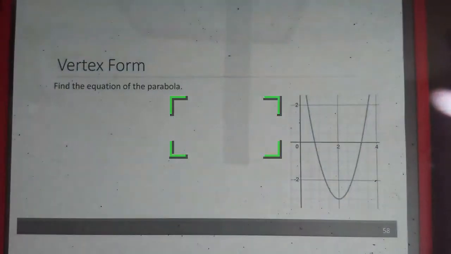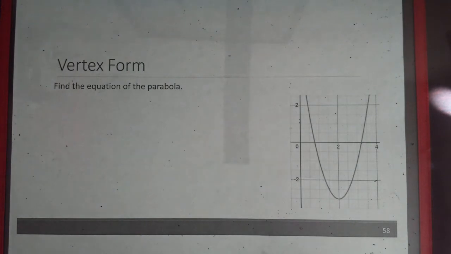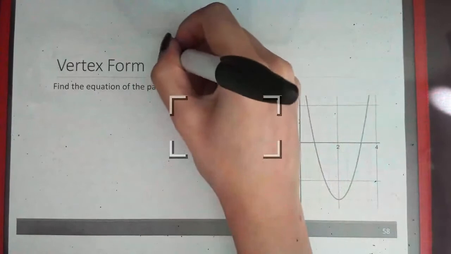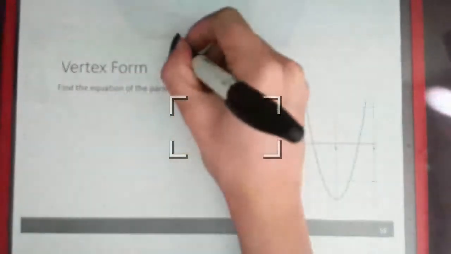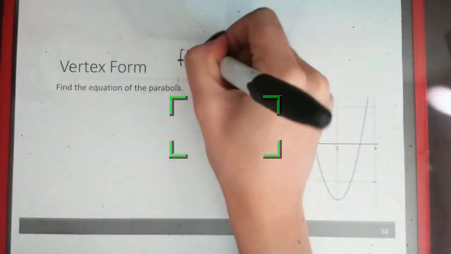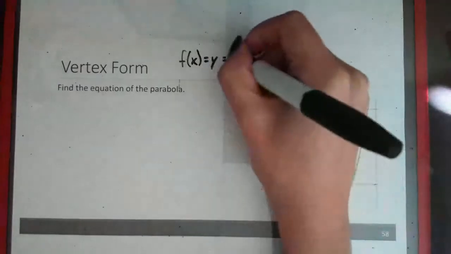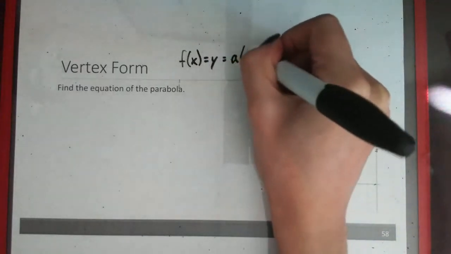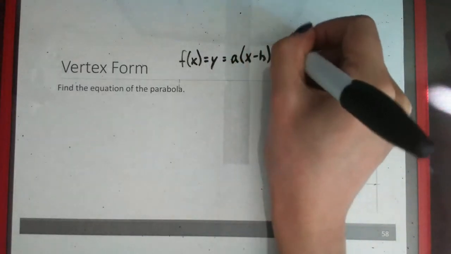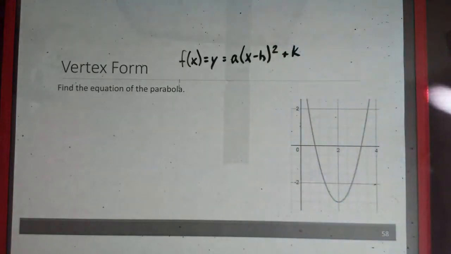So we have a parabola here, and we want to find an equation for it. This is one of those times where vertex form is going to be really super helpful. So for our vertex form, we had f of x, or we could use y, is equal to a times x minus h quantity squared plus k, where h comma k is our vertex.